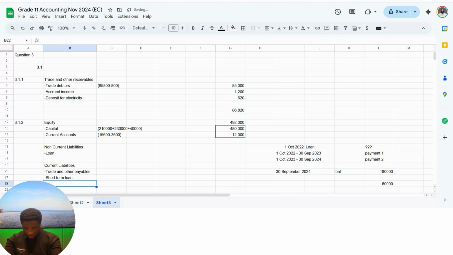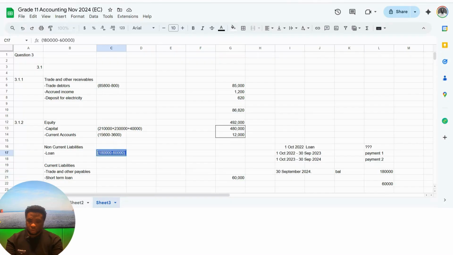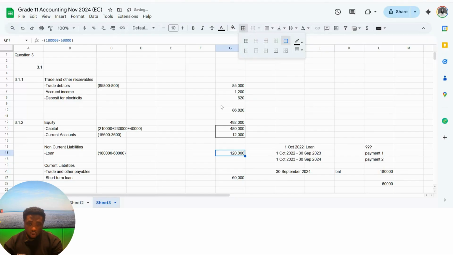So the short-term loan is going to be 60,000, and our long-term loan is going to be 180,000 minus 60,000. Okay, cool. And therefore, your long-term loan, non-current liabilities, works out to 120,000, which you would make sure to total up.